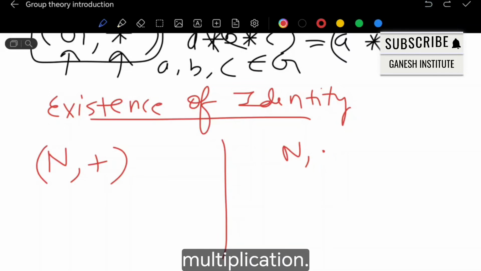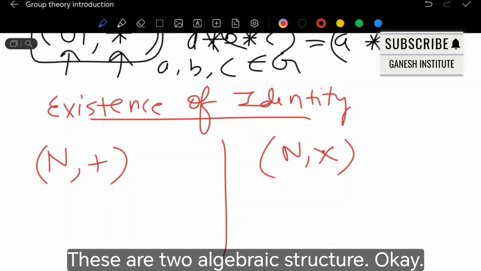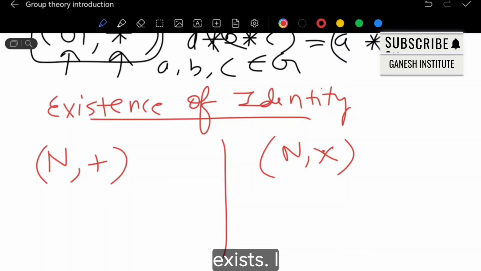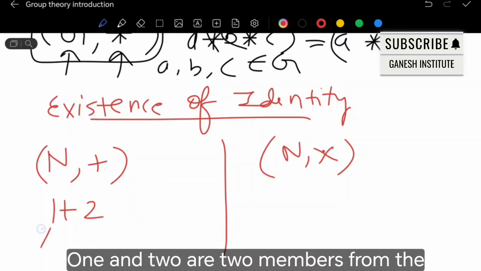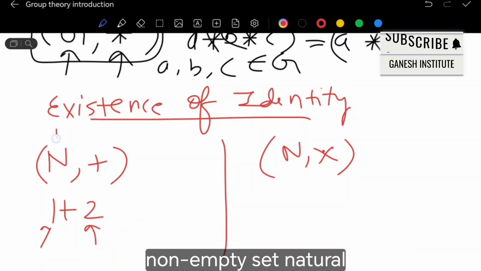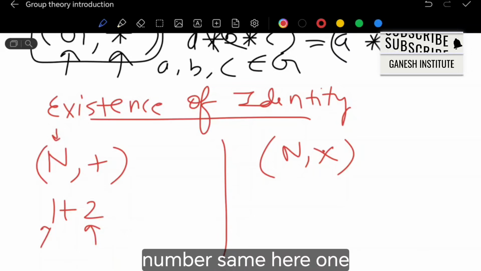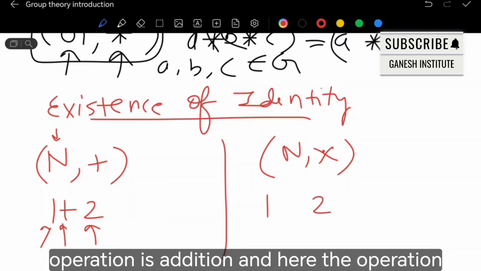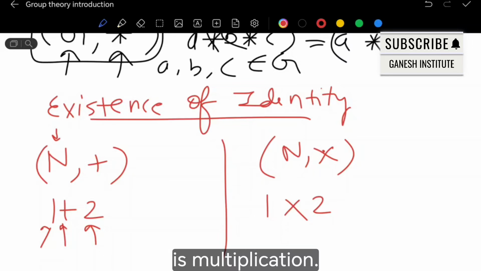These are two algebraic structures, okay? Now let's see whose identity exists. I have taken an element, let's say 1 plus 2, okay? 1 and 2 are two members from the non-empty set natural number. Same here, 1 and 2. Here the operation is addition and here the operation is multiplication.